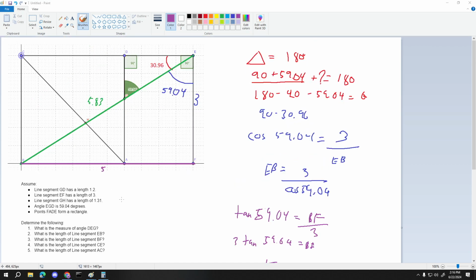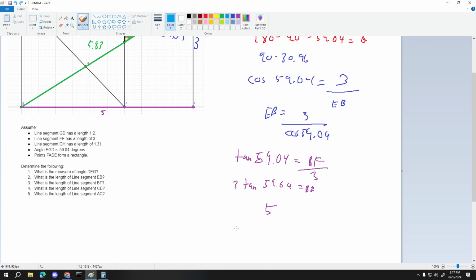So to get CE, we can use another color, light blue. SOHCAHTOA for cosine, that is adjacent, we're using this angle, adjacent of C, which is CE, over hypotenuse, which is 5.83.